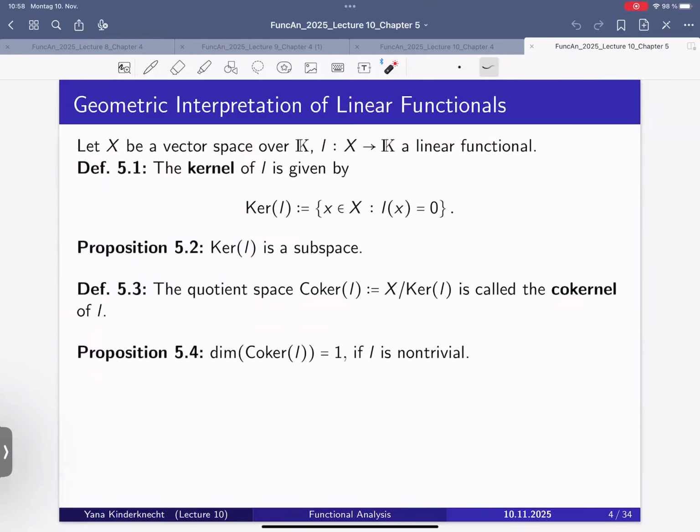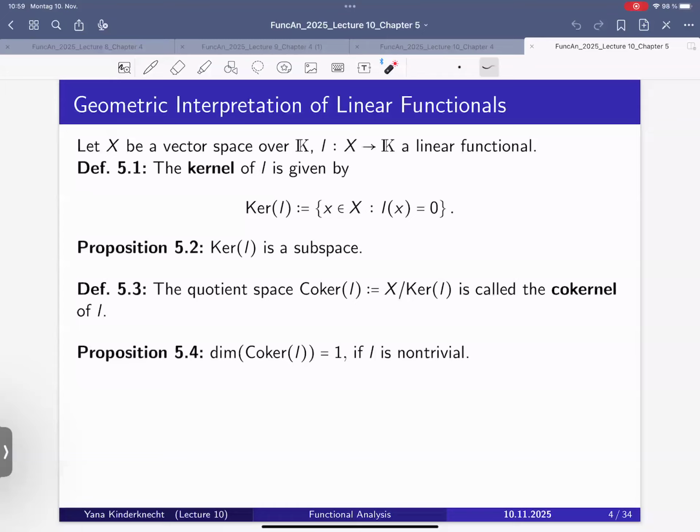Definition 5.3. We define the quotient space or factor space, which is denoted as coker L, and this is the quotient space X over ker L. And this space is called the co-kernel of L. I hope that you know what is the factor space or quotient space, two notions for the same object.